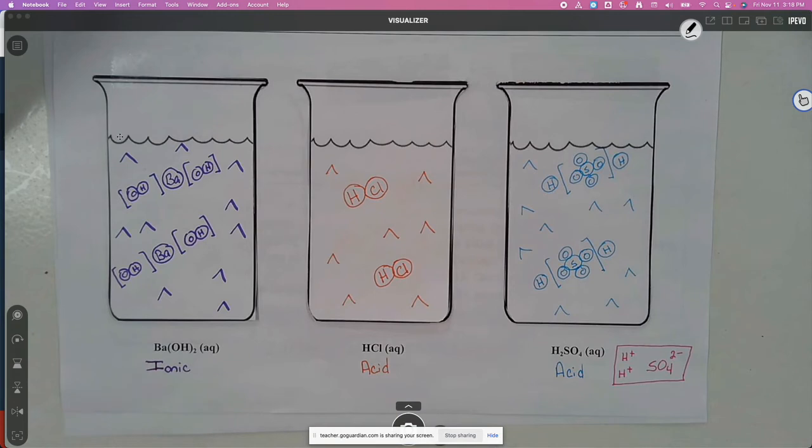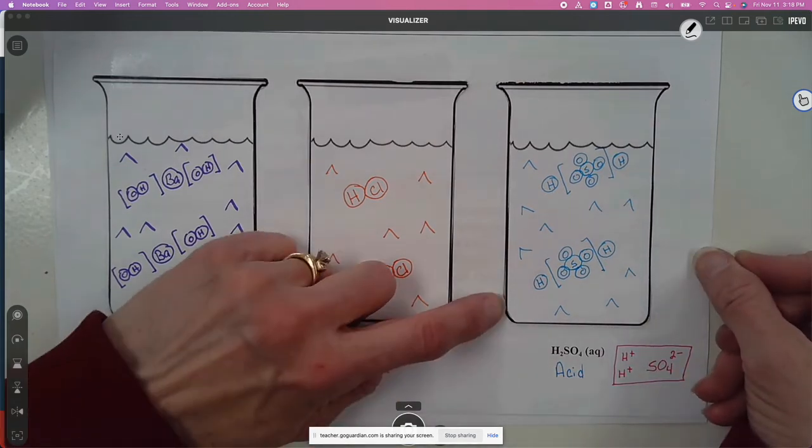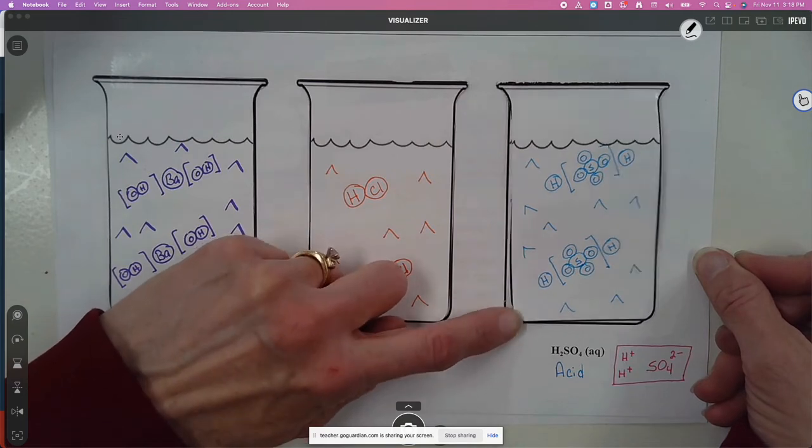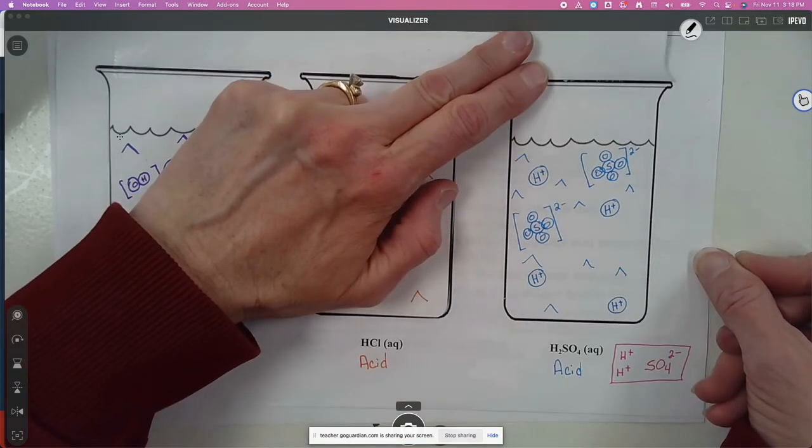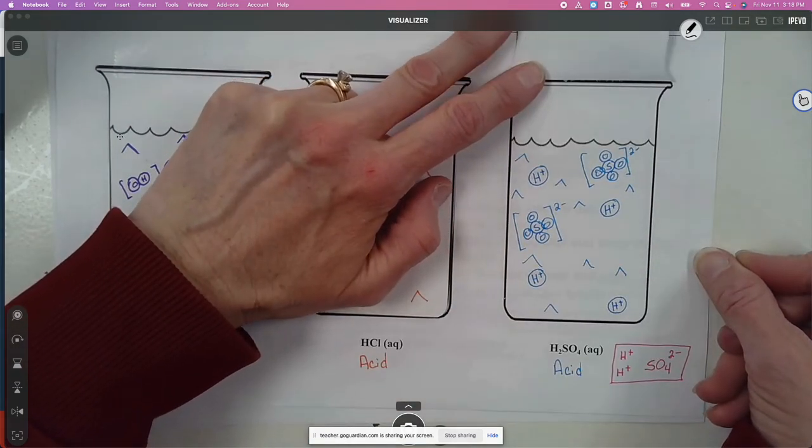From a distance, H2SO4 looks like that. And if I need to explain why the light bulb lit up, I just peek a little closer.